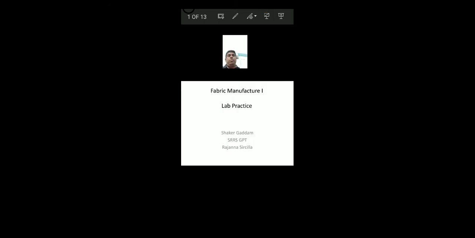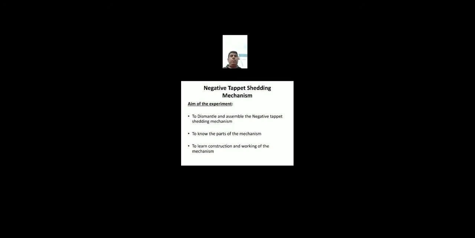Today we will deal with the negative tappet shedding mechanism. We all know that it deals with shedding. Shedding is dividing the warp into two layers, so to divide the warp into two layers, we need a shedding mechanism.